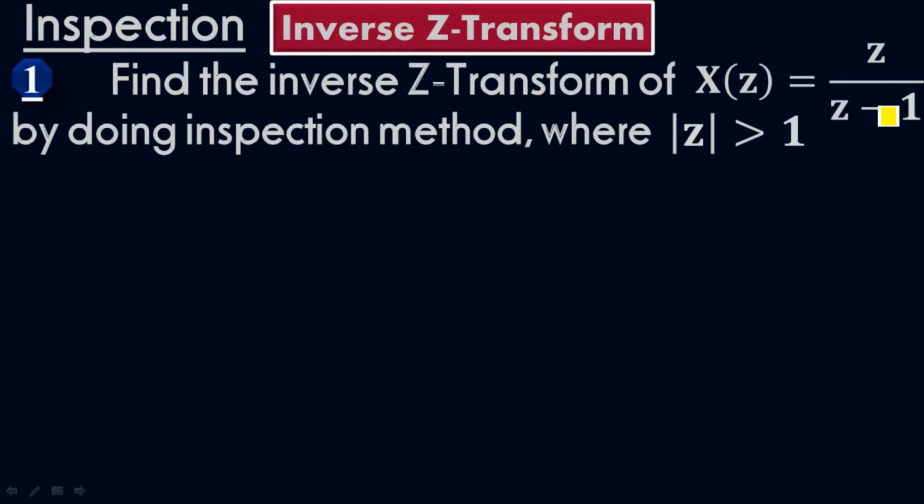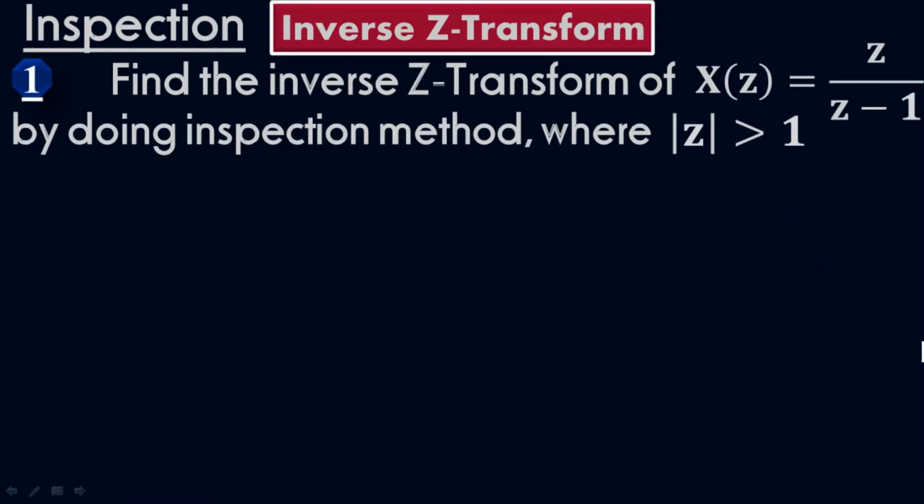You will have z over 0, which is an undefined situation. That's what we call the inspection method. We did inspection and we got that it is a right-sided sequence by checking the region of convergence. So from here I can say that its time domain will be x(n) = 1^n. 1^n will be the signal in the time domain.